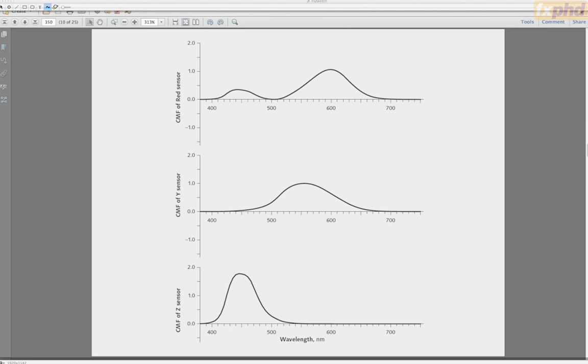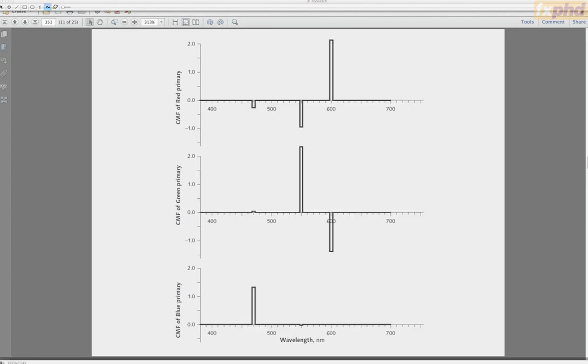But let's say, what spectral power would you use if the spectral power was concentrated at 3 wavelengths? I chose 470 nanometers, 550 nanometers, and 600 nanometers. You can go through the mathematics to determine what the power should be, and you get results like this.